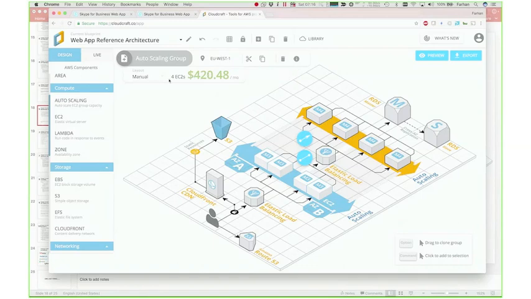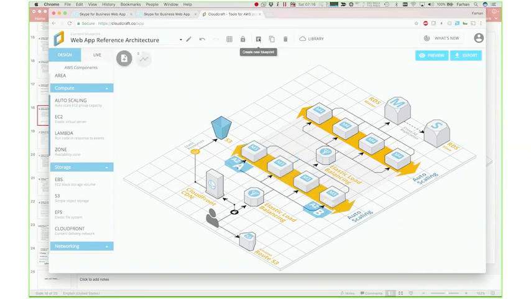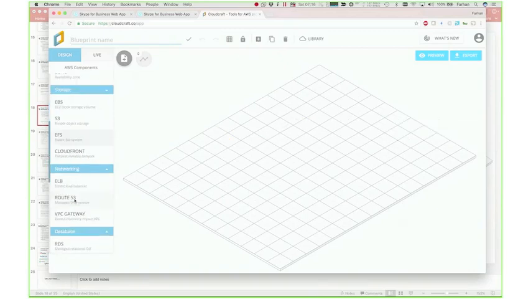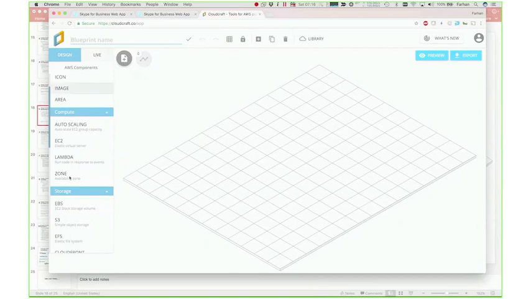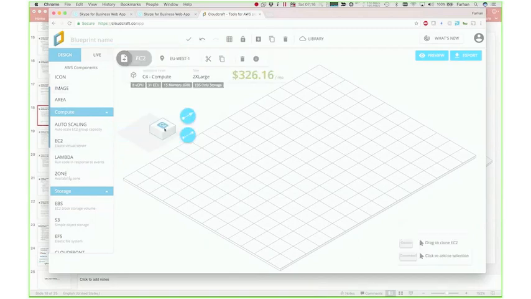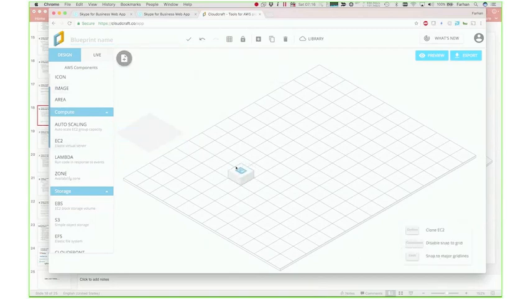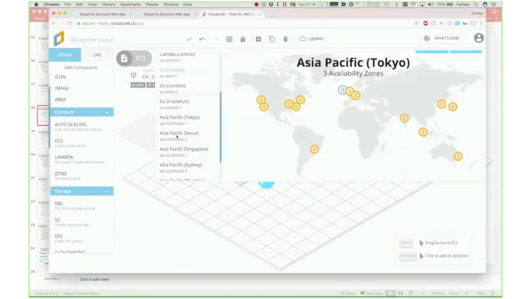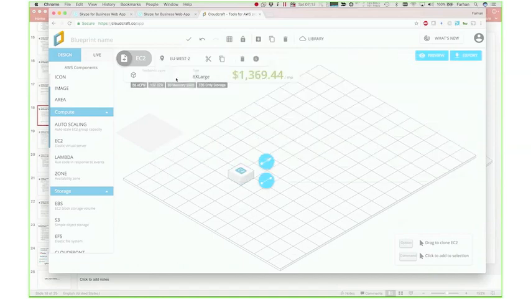So you can change this from various different data centers to any available one. Say for example, I want to check the pricing of an EC2, say a large instance, and automatically the price gets changed, and it tells you what the capacity of that instance is as well.